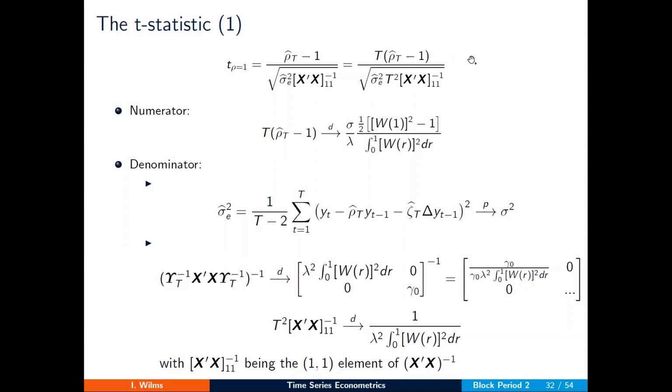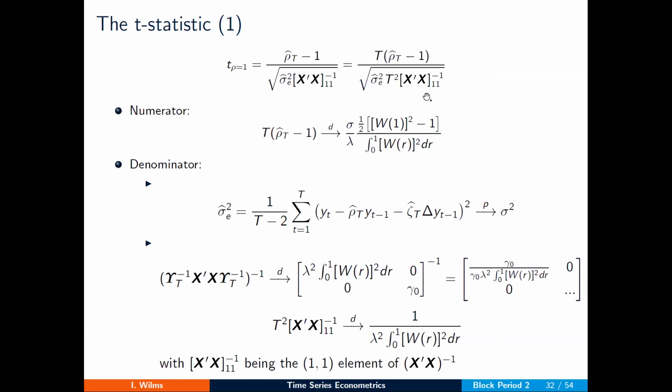The numerator is exactly the test statistic from the previous slide. What is the new ingredient popping up over here? Again, that is the sample variance of the residuals, which converges in probability to sigma squared.